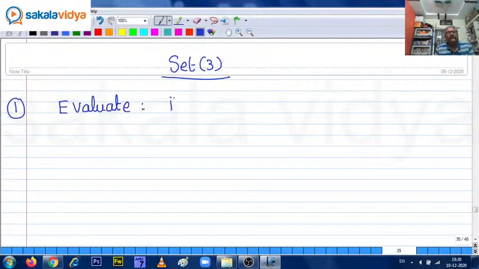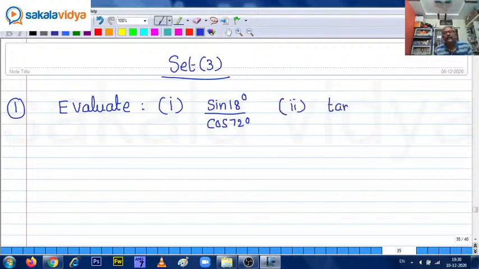In that, first question: sine 18 degrees upon cos 72. Second question: tan 26 degrees upon cot 64 degrees.